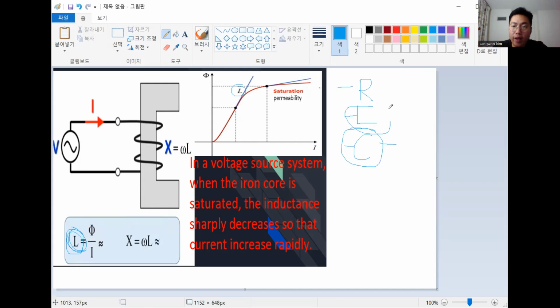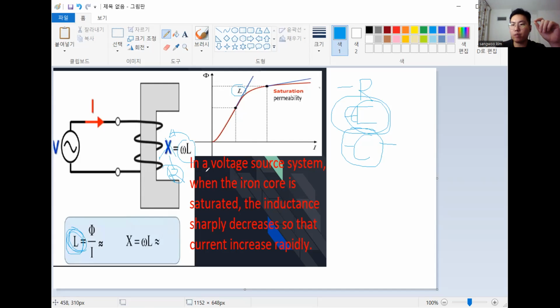So L, right? So look at that. Here's omega L, right? Omega L makes a reactance. We will learn about it later. So which means X is equal to R. Not the same, but just try to understand that this is the coil's resistance.